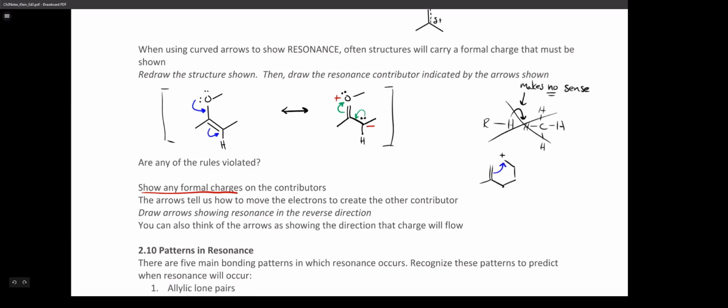But that is a valid arrow, because why? The arrow is showing electrons moving from here to an atom that's positive. That would be perfectly valid, but that's not resonance, okay? So I couldn't use a resonance arrow. That's a regular reaction, a reaction we would talk about later.